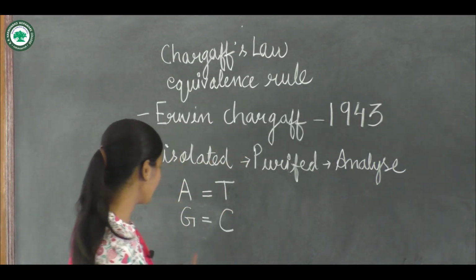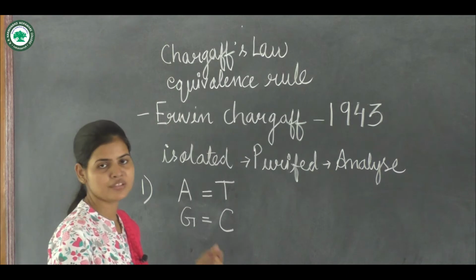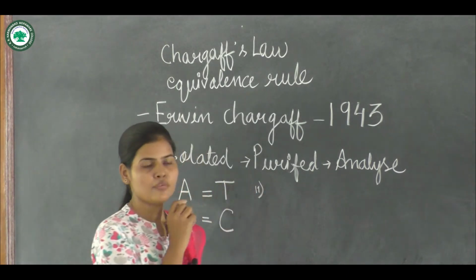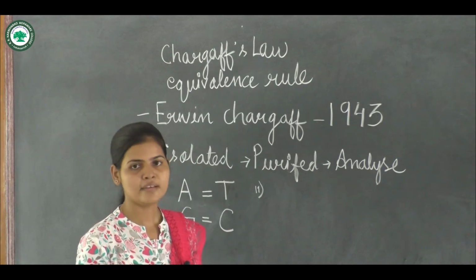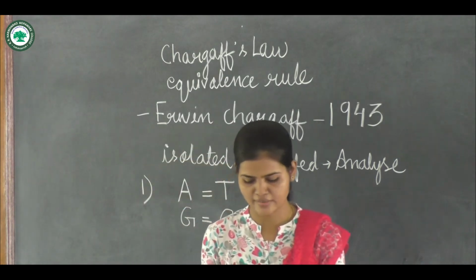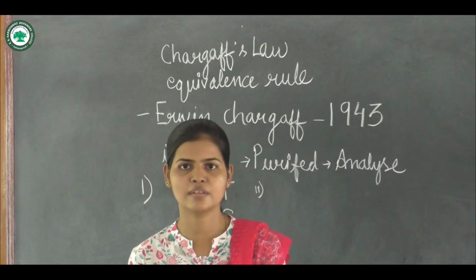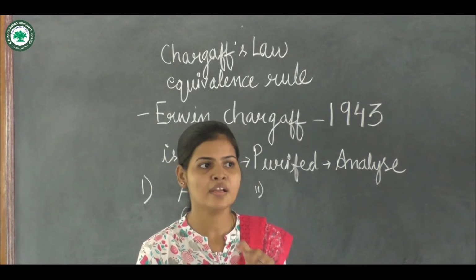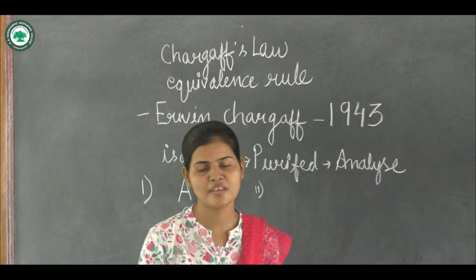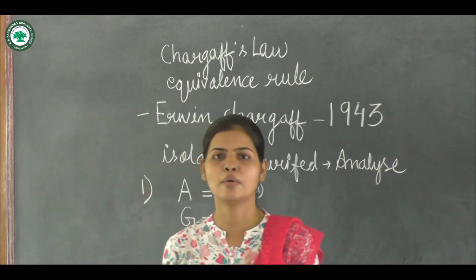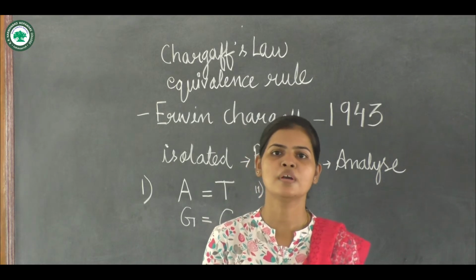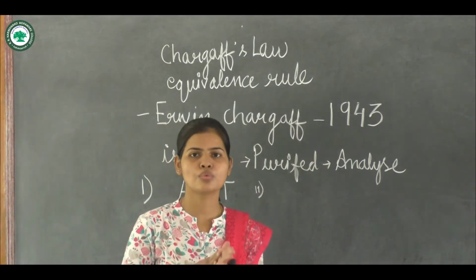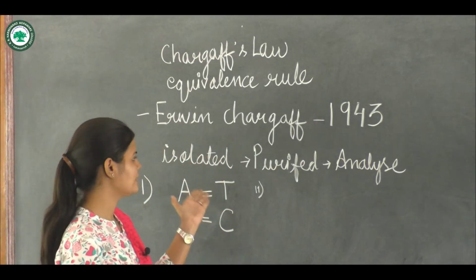Now the second rule says that DNA samples from different organisms differ in composition. This means the DNA composition differs from one species to another. These were the two rules given by Chargaff.